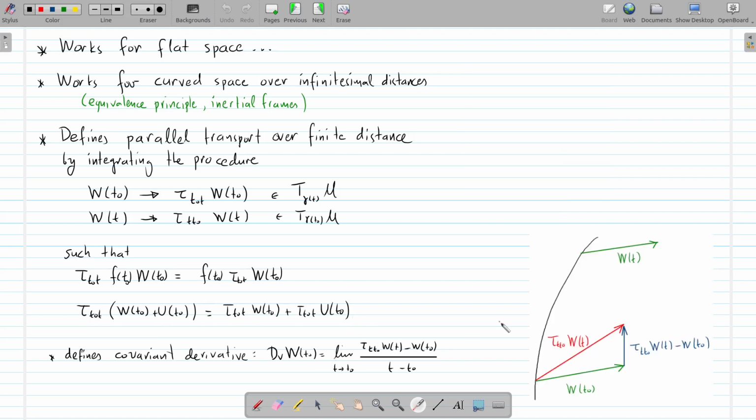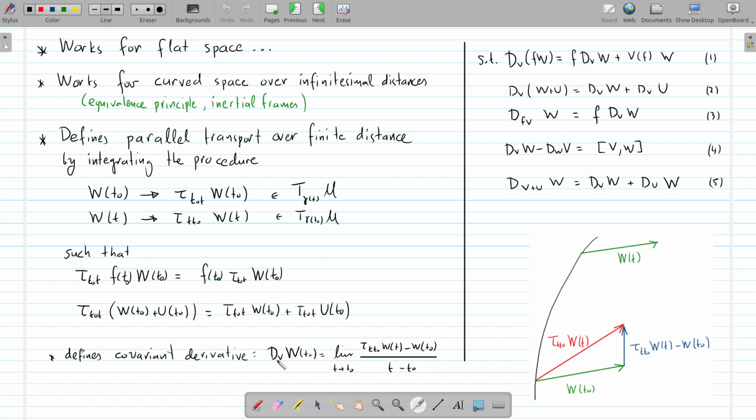So we can define a covariant derivative like we did in the previous video. We take Wt, we transport it back to the point T0, we compute the difference here, take the limit, and that will give us a definition of a covariant derivative. And for it to be a covariant derivative in the sense that we have formally defined it in a previous video, it must have properties 1 through 5.